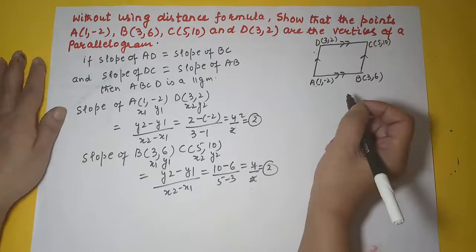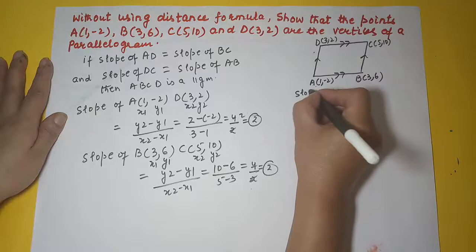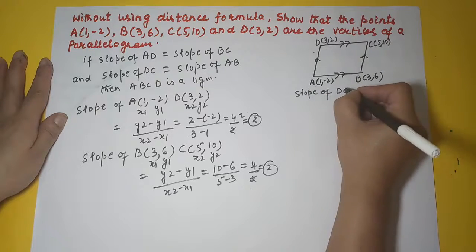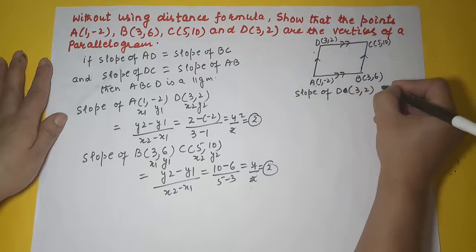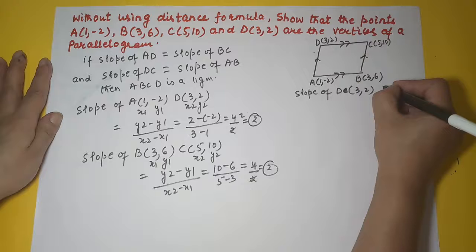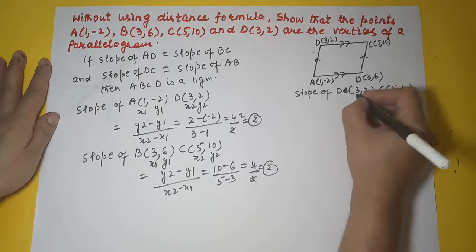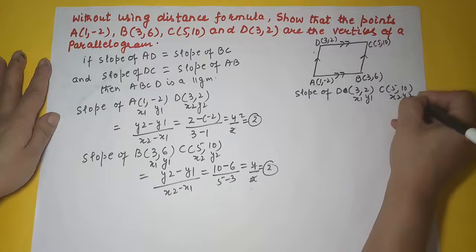Now let's proceed to find the slope of DC. First we'll write the coordinates of D as 3 and 2 and the coordinates of C as 5 and 10. Now this becomes my x1, y1, x2 and y2.